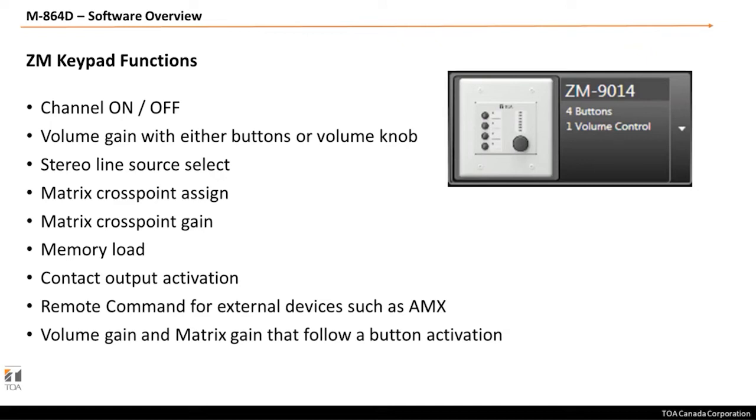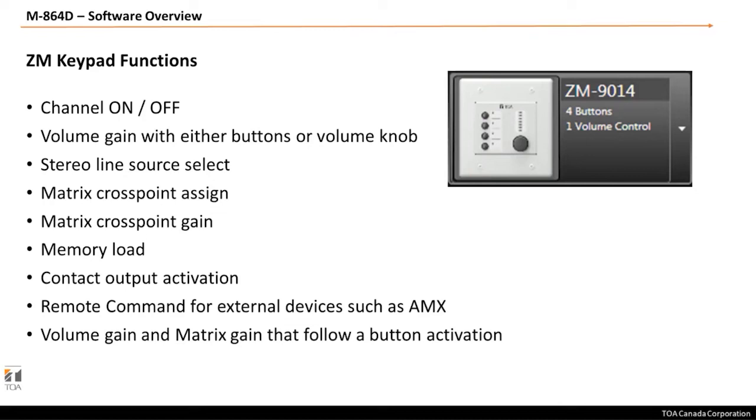You can select different sources, be it mono or stereo line. You can control a cross point as well. You can load up a complete scene also from one of the assignable buttons. And you can also activate a control output from those buttons as well.